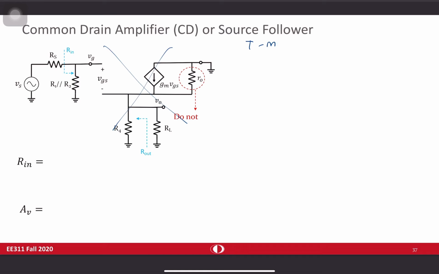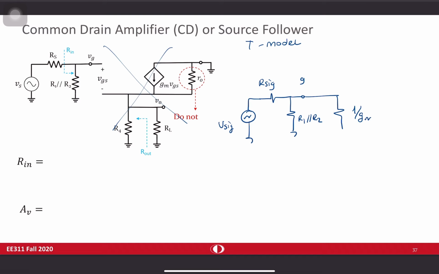If you use the T-model, let's name the transistor terminals properly. One over Gm. This is source. With the source I have R4 and RL, of course.